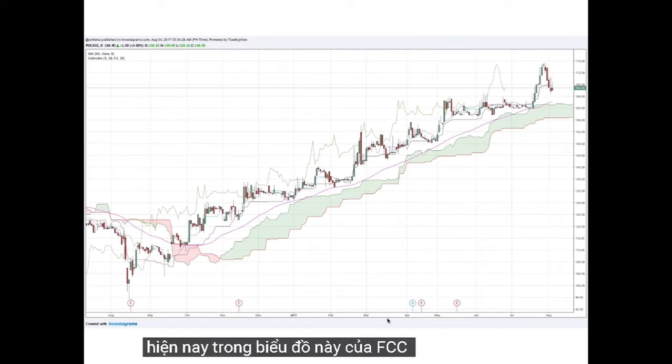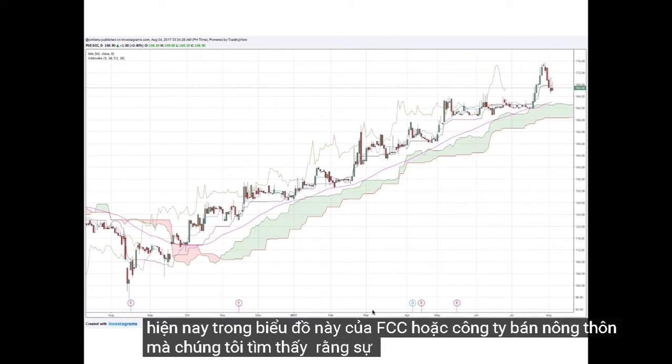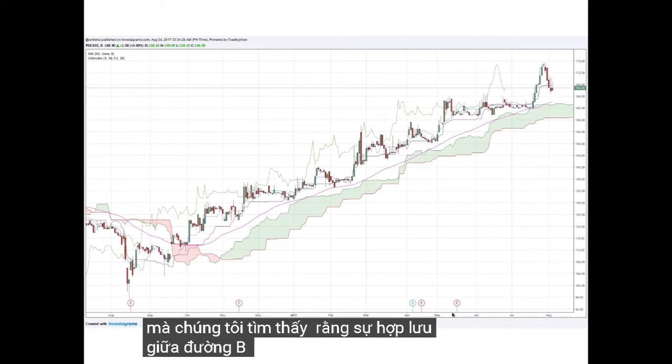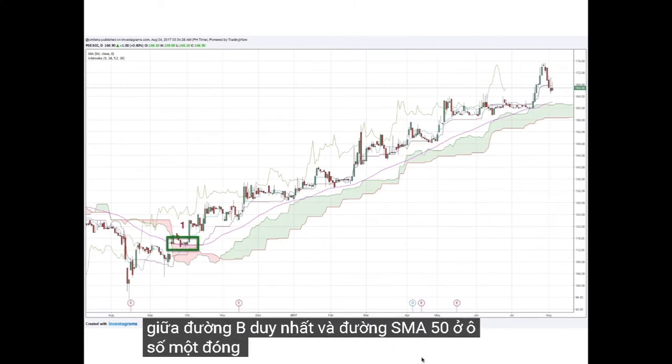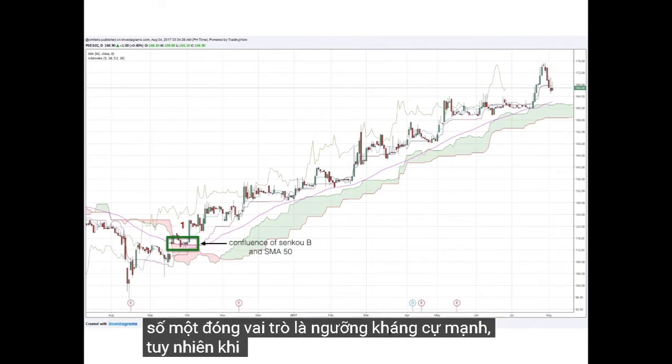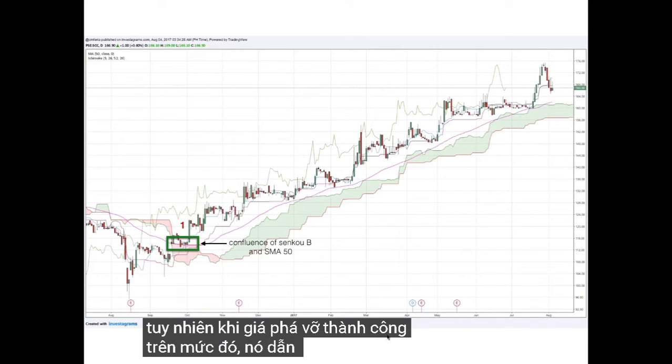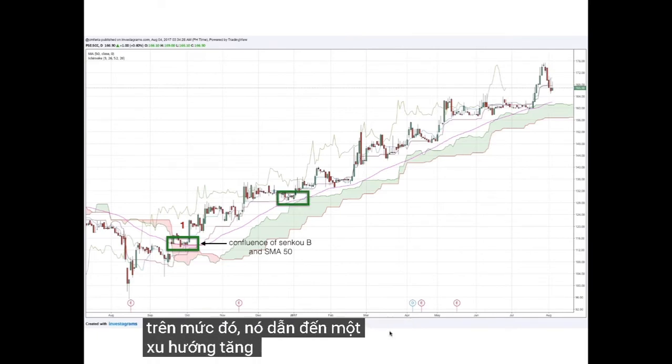Now, in this chart of SCC, or Semirara Corporation, we find that the confluence between the Senkou B and SMA 50 in box number 1 served as a strong resistance. However, once price successfully broke above that level, it resulted in a strong uptrend.